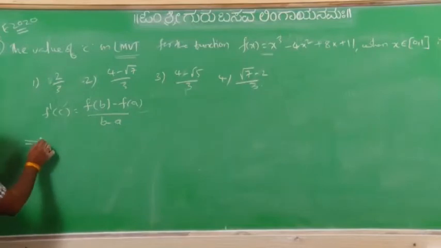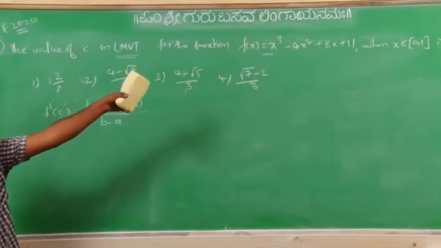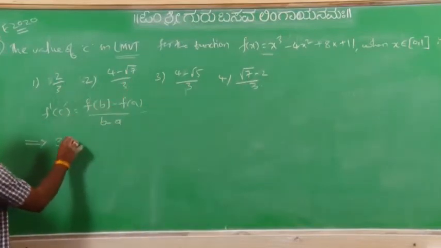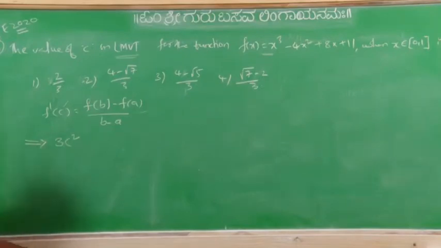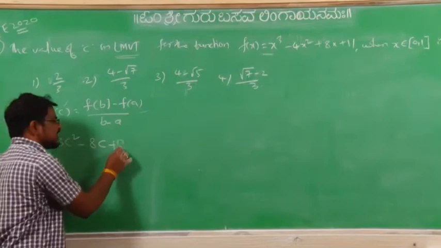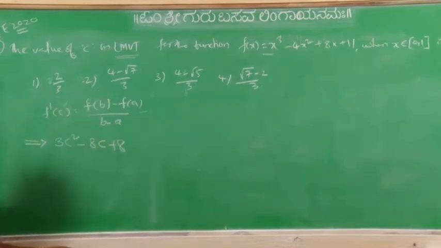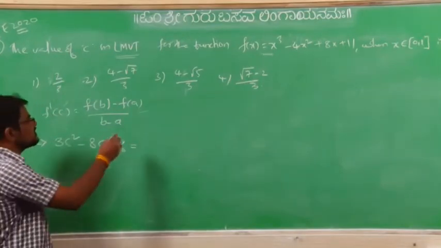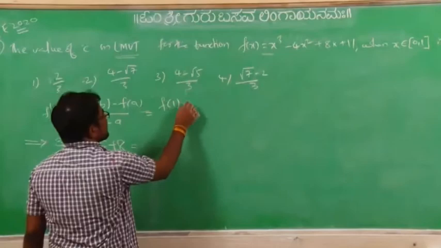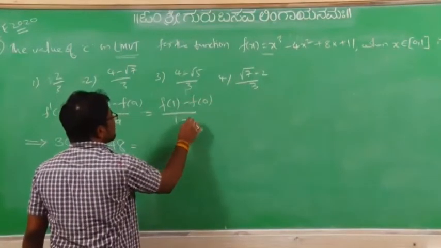Now f dash of C is 3c square minus 8c plus 8, the differentiation of the given function, equal to f of 1 minus f of 0 divided by 1 minus 0.